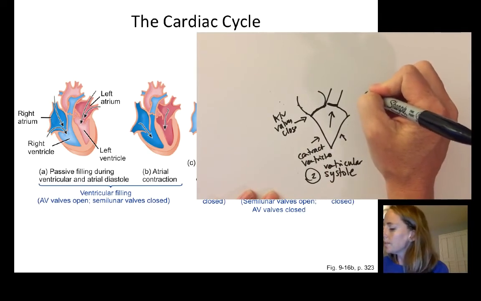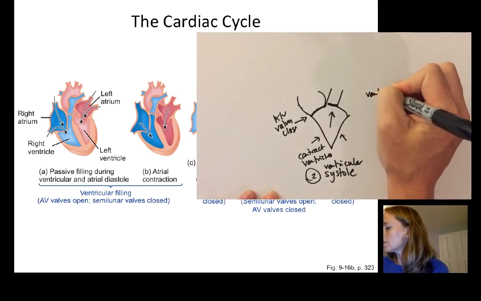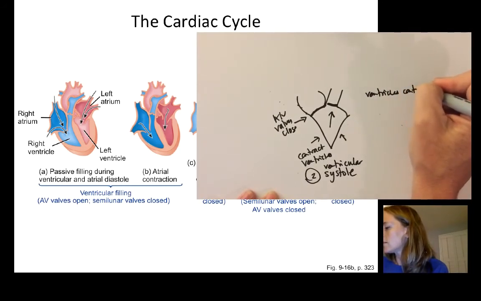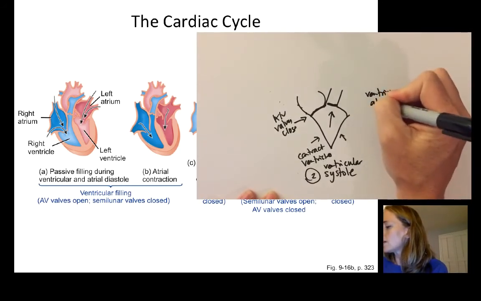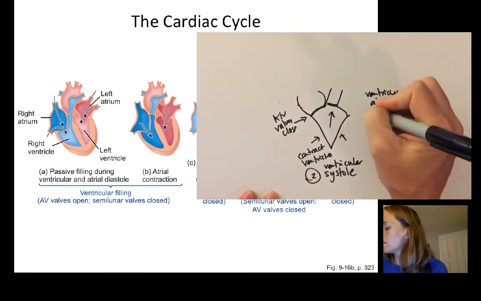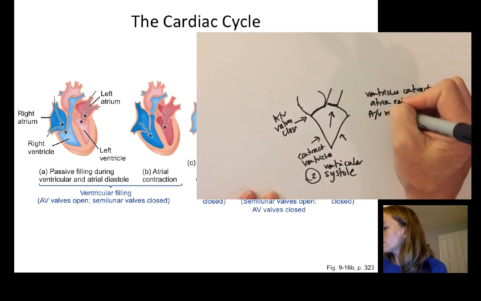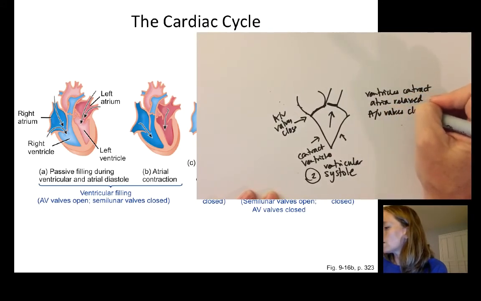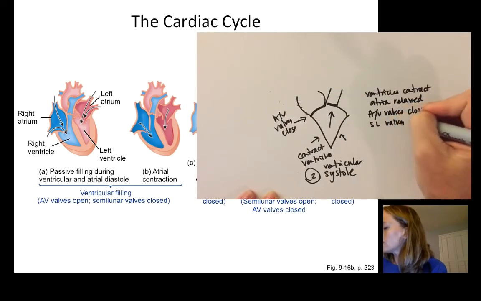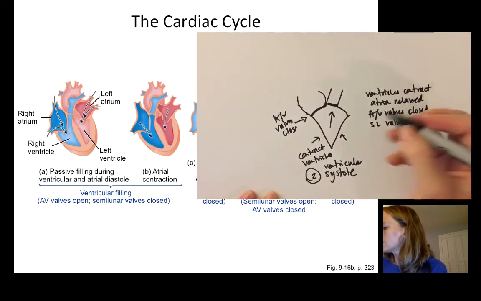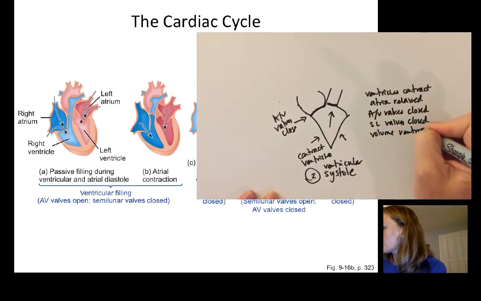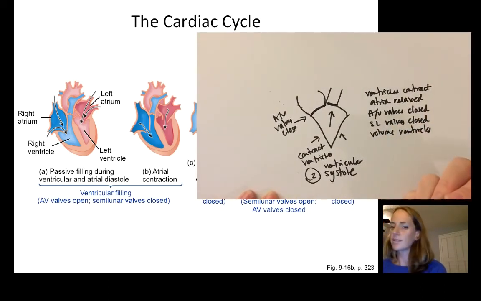So here, your ventricles are contracting, your atria are relaxed, your AV valves are closed, your semilunar valves are closed. What's happening to the volume of the ventricles?